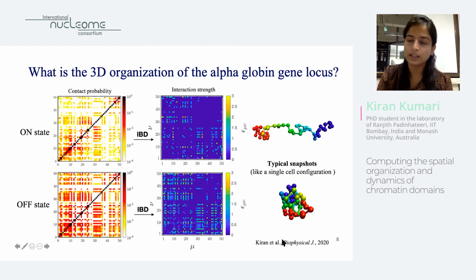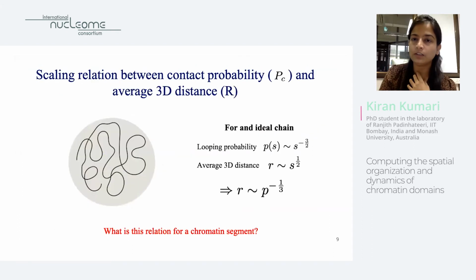After looking at the structural properties, we wanted to look at the relation between the contact probability and the spatial distance predicted from the simulation.